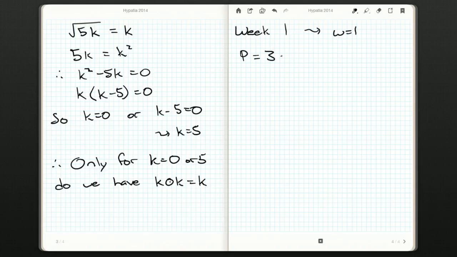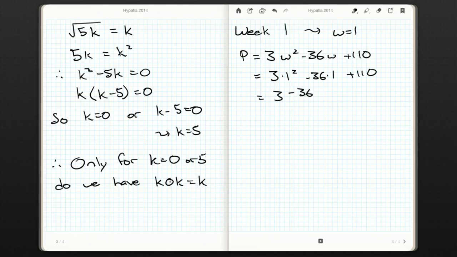We know P is 3W squared minus 36W plus 110. So that's 3 times 1 squared minus 36 times 1 plus 110.